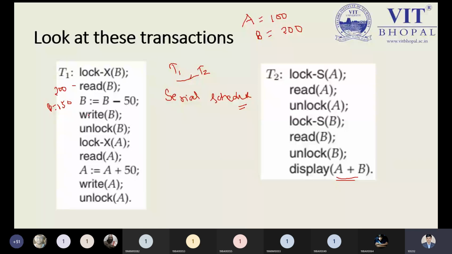After the write operation of B, we finalize the data of B, that is 150 rupees. And here I'm unlocking B. So first let me unmute.